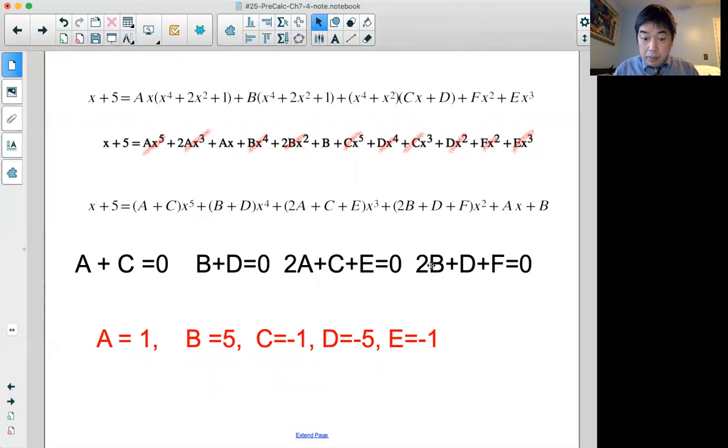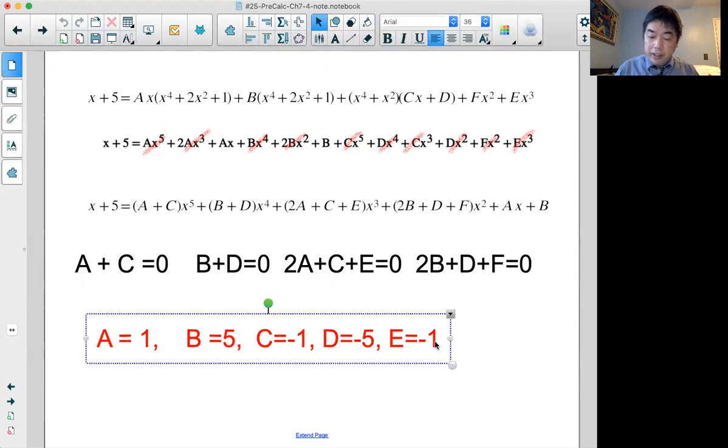Okay, here you plug in, you have to do mental math. 2 times 5 is 10. d is negative 5. So 10 minus 5 is 5. And f, 5 plus f is 0. So if we didn't make a mistake, f must be negative 5.